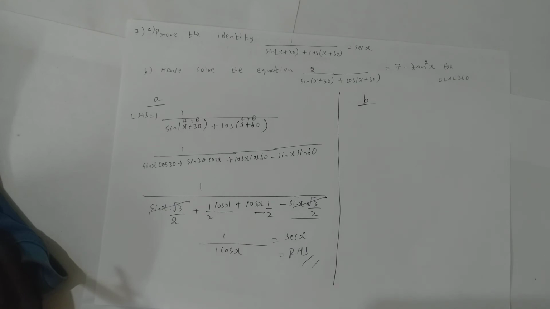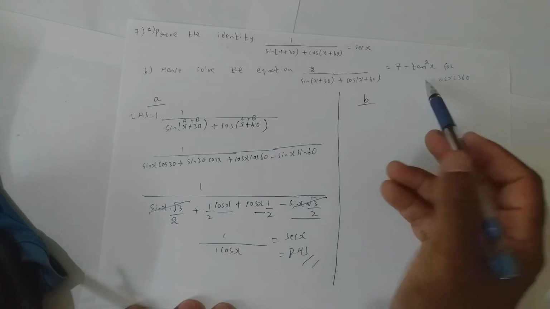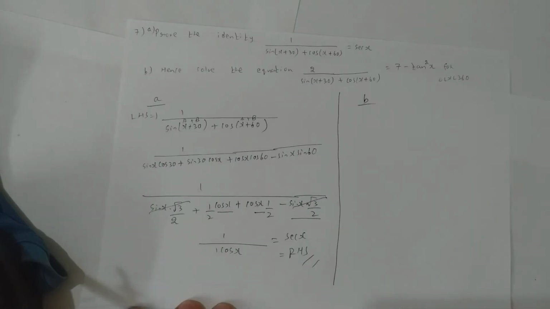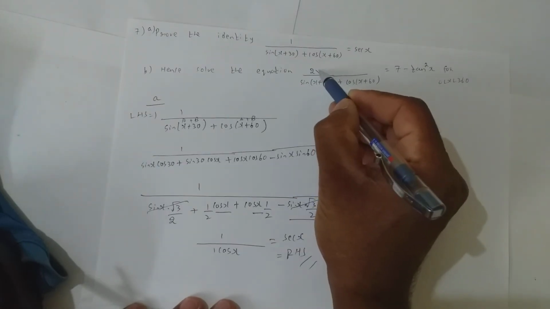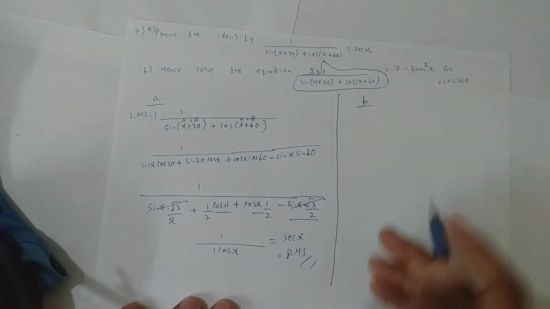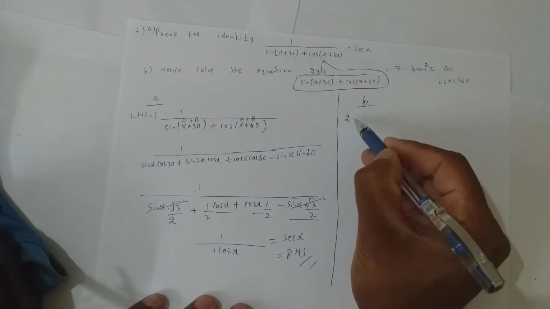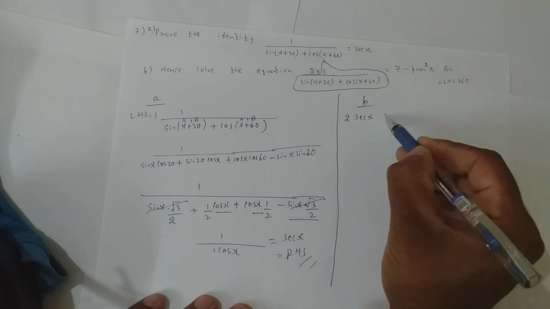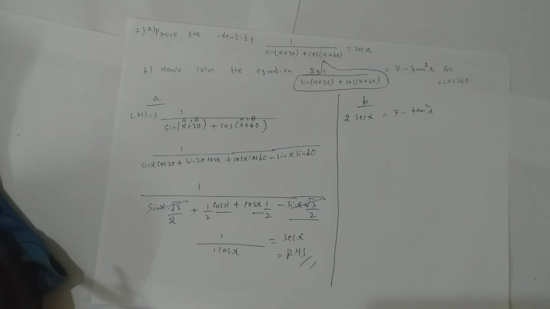Hence, solve the equation 2 by sin x plus 30 plus cos x plus 60 equal to this one. Again, I need to use the first bit result over here. Here it is 2. I can write into 1. So in place of this entire thing, what can I put now? Secant x. So it becomes 2 times of secant x equal to 7 minus tan square x.